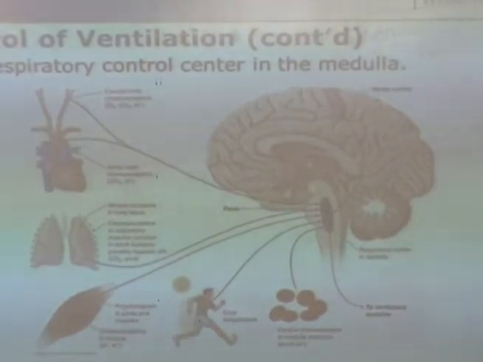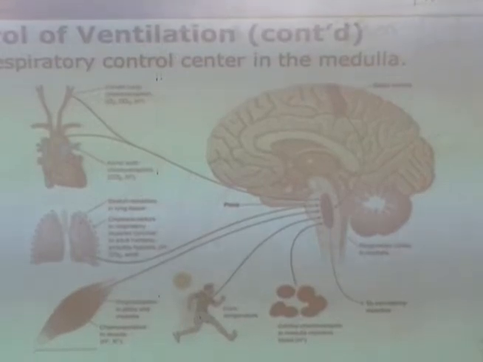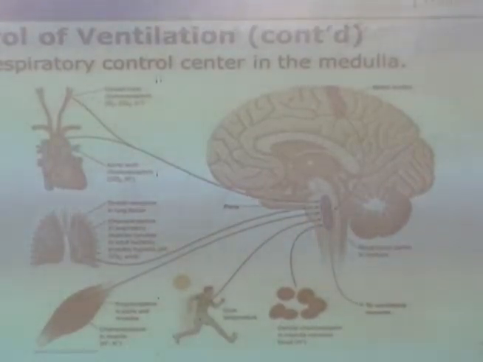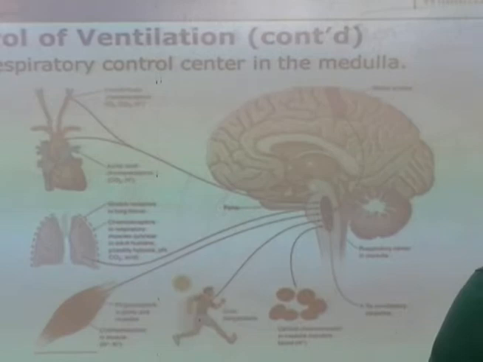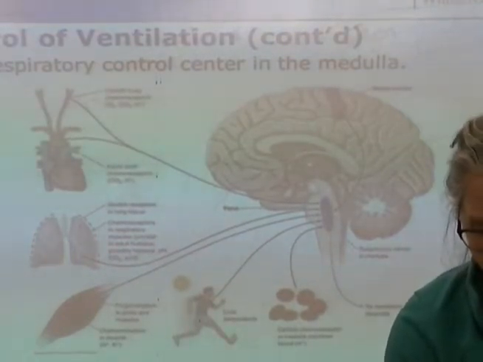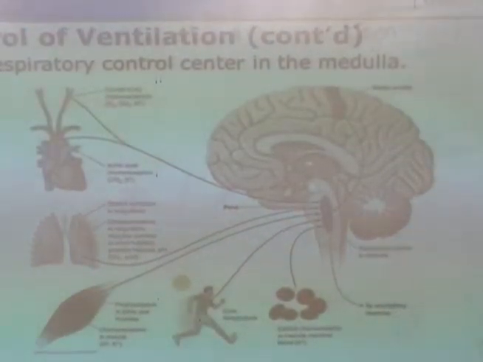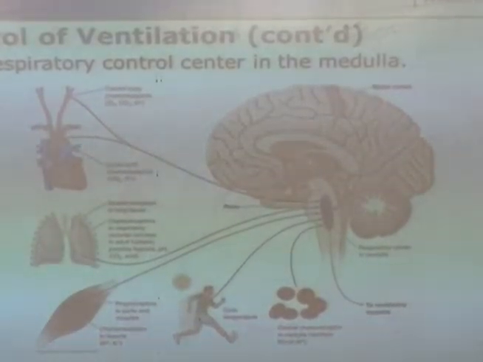But we can trick it. And this is something that elite level swimmers do, okay? If you watch them when they are waiting to dive into the pool on the go, you can watch an elite swimmer deliberately hyperventilate.